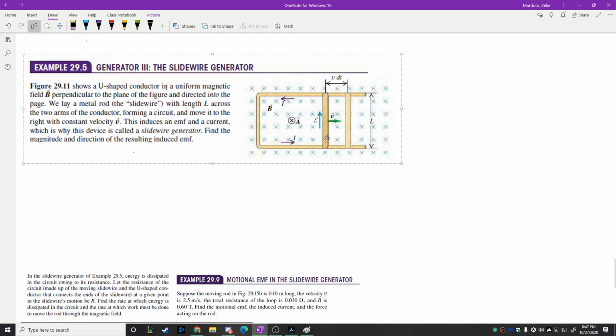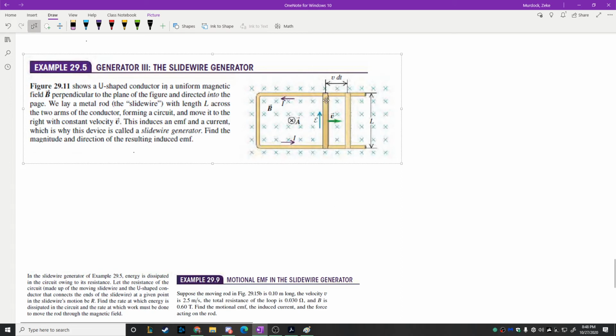So this bar can slide to the right, from this position to a position directly to the right of it here. Now, we're interested in calculating what the induced EMF is. The idea here is that the wire moves with a constant velocity to the right. See if you can convince yourself the direction of the current here is proper.